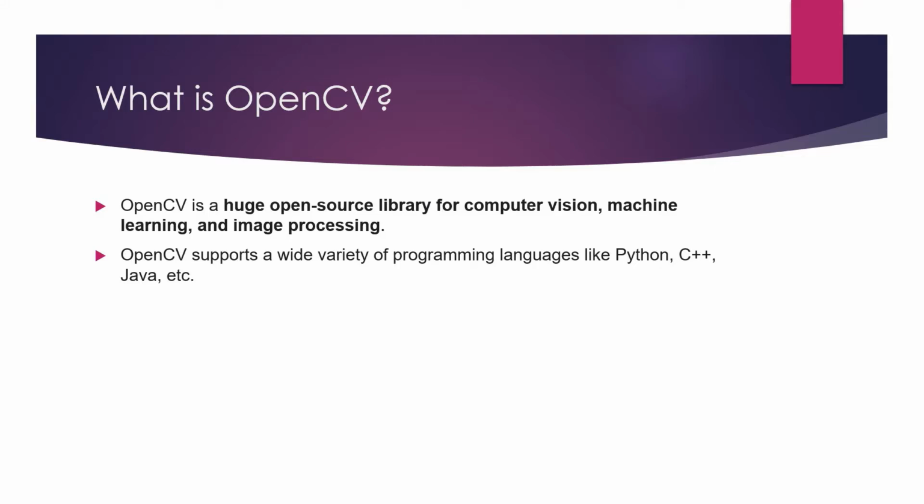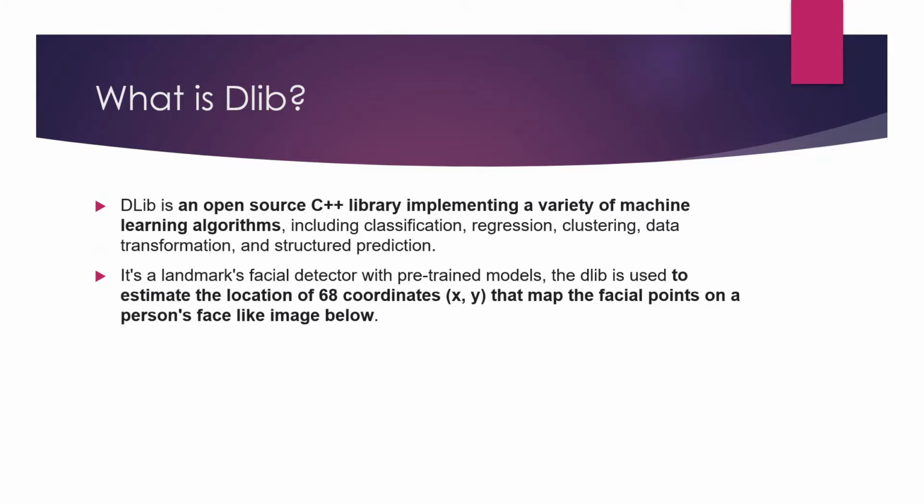In my code, there is OpenCV and DLib. What is OpenCV? OpenCV is a huge open source library for computer vision, machine learning, and image processing. OpenCV supports a wide variety of programming languages like Python, C++, Java, etc. Then afterwards, what is DLib?